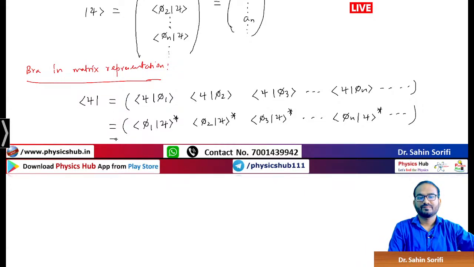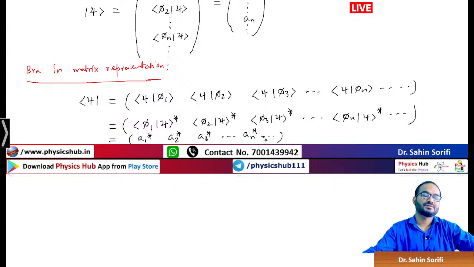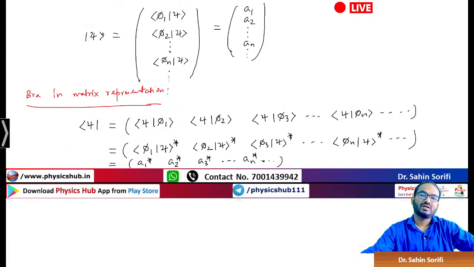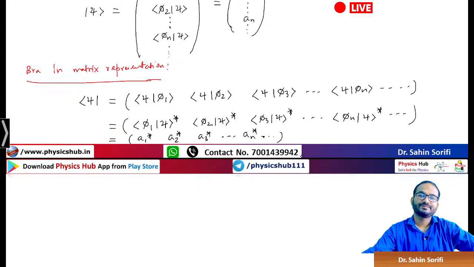So what will this term be? This will be A1 star, A2 star, A3 star, and so on, An star. And this is quite obvious: if you want to convert a ket into a bra, you take the complex conjugate. That is why you get this result.